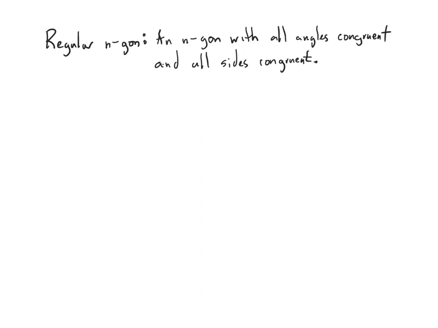Okay, let's talk about a regular N-Gon. So, a regular polygon is a very, very symmetric polygon. And the two things that make it incredibly symmetric are that all angles are congruent, so they all have the same measure, and all sides are congruent, so they all have the same length.